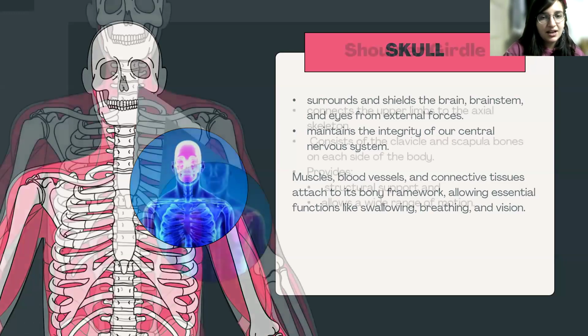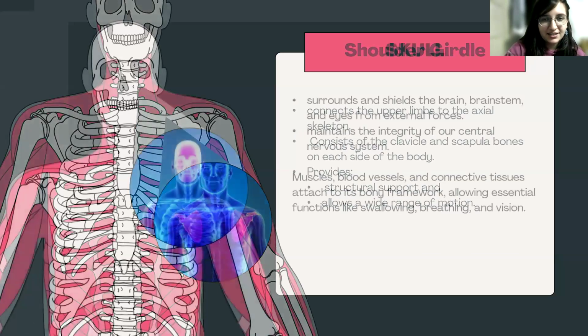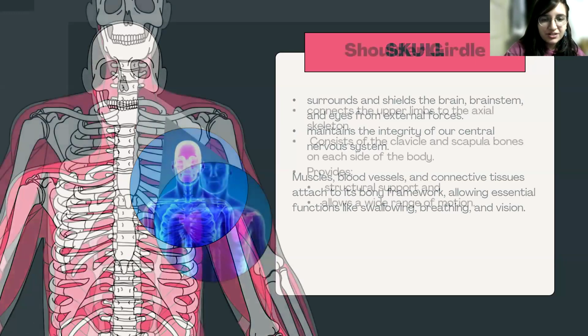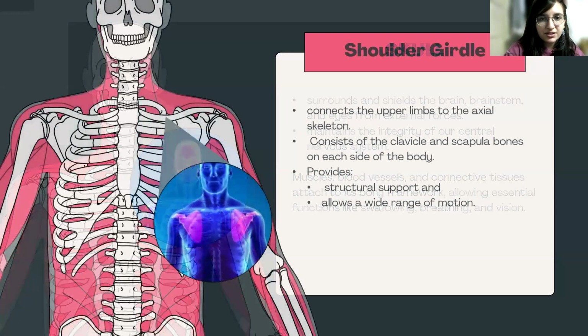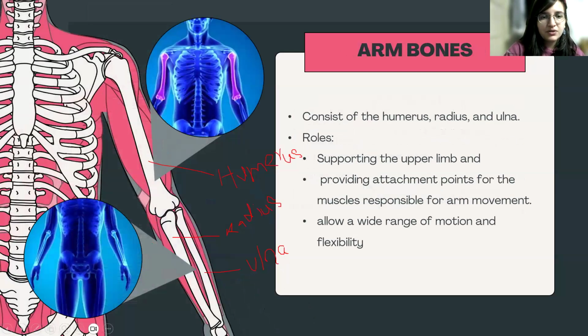So again, remember that the muscular system and the skeletal system are connected with each other. We went to the shoulders and studied about the shoulder girdle, which consists of different parts like the clavicle and the scapula. And we also studied about the arm bones, the three bones in the arms, the humerus, the radius, and the ulna.